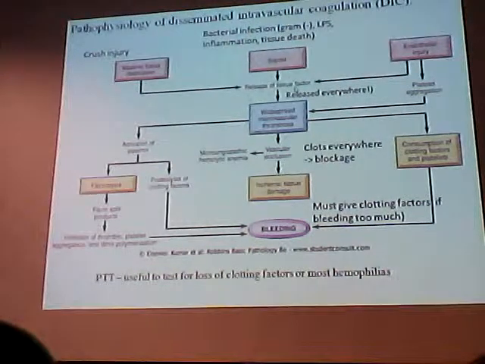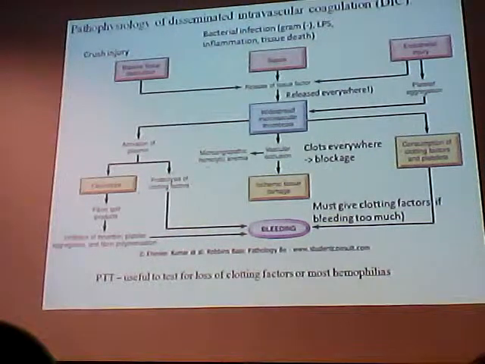Ultimately, that causes the cells to release tissue factor. Once that tissue factor is released, we start activating the extrinsic pathway, and we get widespread microvascular thrombosis, so clotting everywhere in the body. And if we've got a lot of clotting going on, we could activate plasmin to break up the clots.